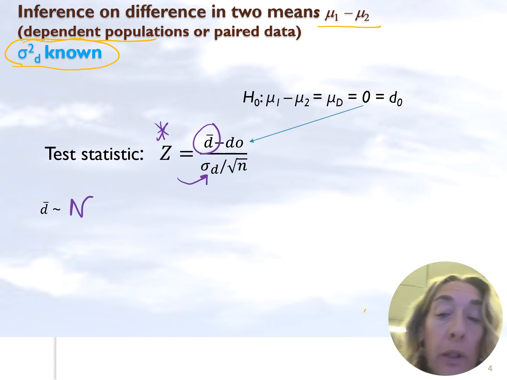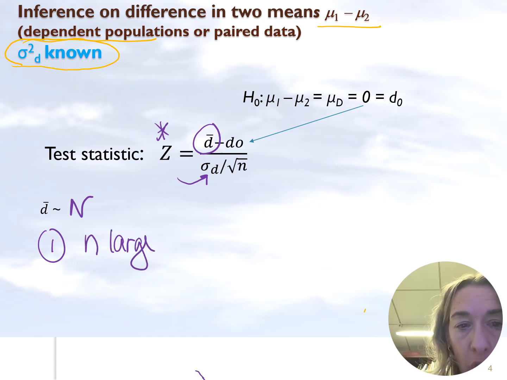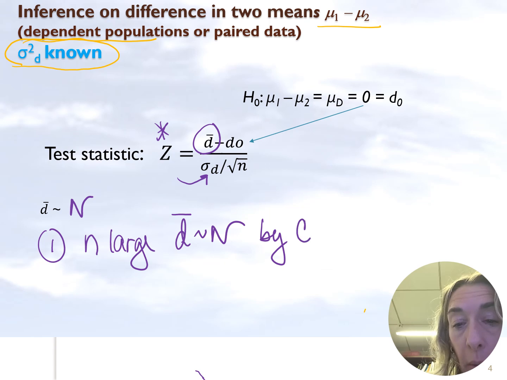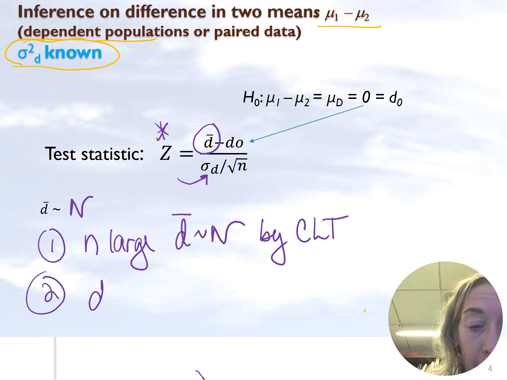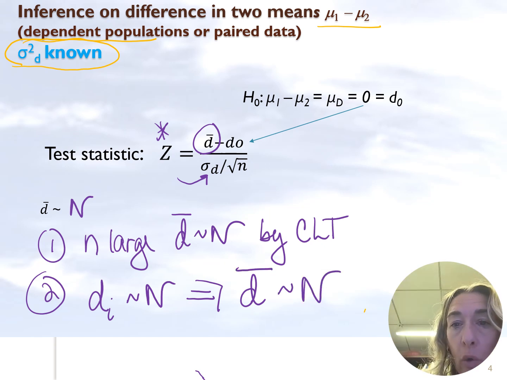Okay, when will D bar be normally distributed? One of two cases. If our N is large, or our number of pairs is large, then D bar will be normally distributed by the central limit theorem. The second case is that if our D's, or distribution of the differences, is normally distributed, then automatically our D bars will be normally distributed.